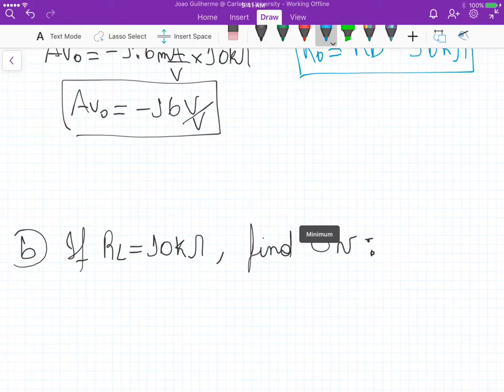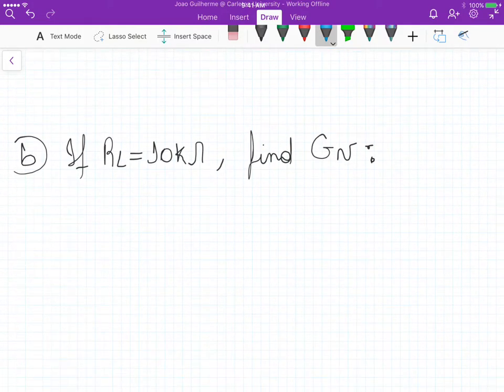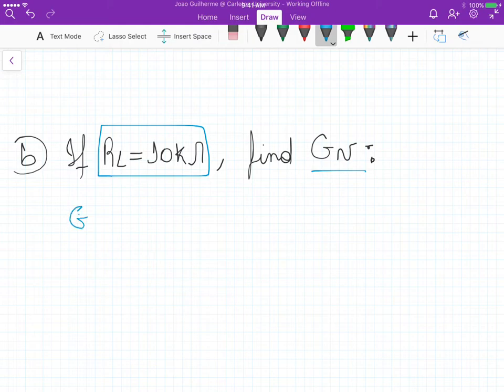Now for part B of this question, if we consider that we have a load resistance connected at the output, at the drain of this topology, we need to find the overall voltage gain, GV. For this topology, we know that the overall gain is equal to AV0 times a voltage divider between RL and the output resistance.